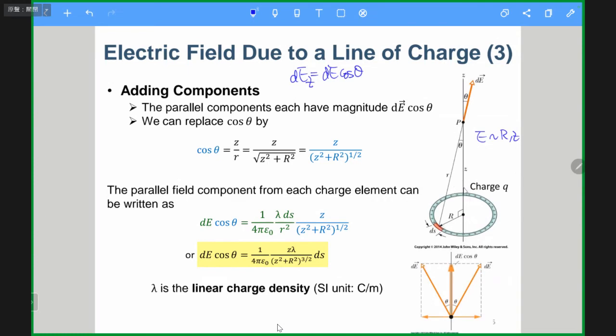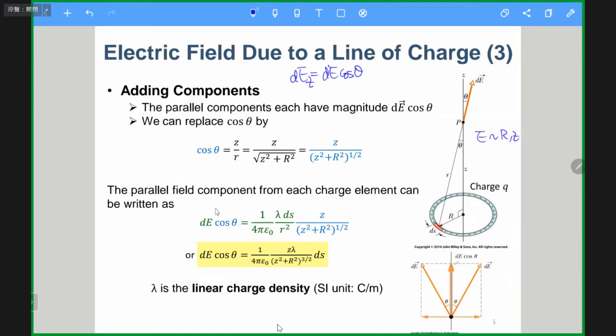But according to the Pythagorean theorem, small r squared is z squared plus capital R squared. So r is the square root of z squared plus capital R squared. Okay, so substituting here, z is a known variable, capital R is a known variable, so this is good. And of course, this is a square root, so we can write it as a half power. Okay, so this is cosine of theta. We will need to use it later.